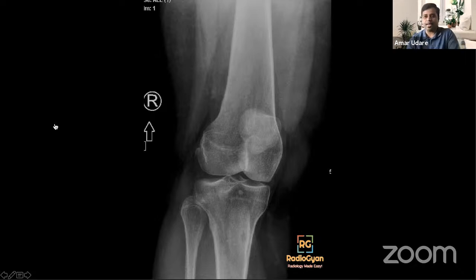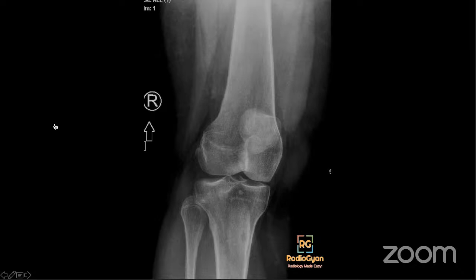Okay, so I see that you guys are able to see the case, which is good. So chronic osteomyelitis, that's a good thought. So what we see here is an area of sclerosis.